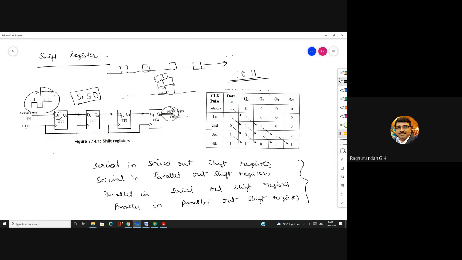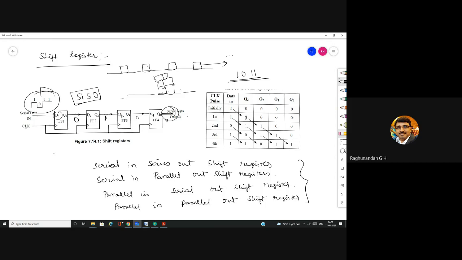When the first clock pulse is given, the data 1 will be entering here. You can see that the rest of the outputs will be as usual 0, 0, 0, and only this will be 1. When the next clock pulse is given, this 1 gets shifted here, and the next bit is entering. The next bit is also 1, so it comes here, and the rest of the 2 flip-flops will be 0, 0 only. When the third clock pulse is given, the third bit 0 will enter.